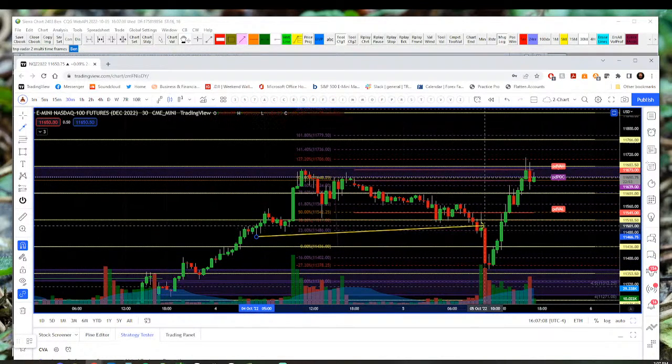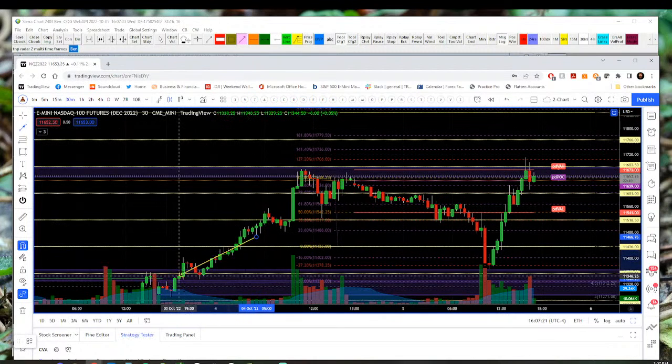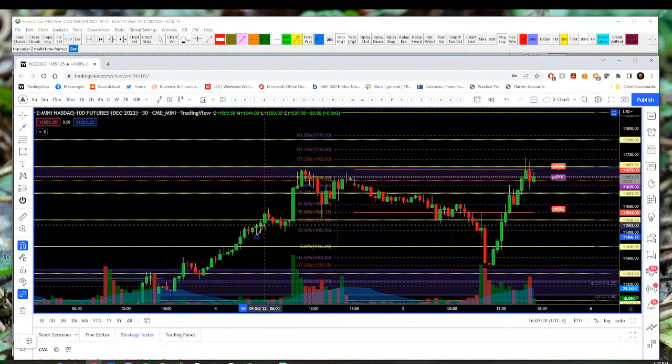I could have bought this. It actually did set up, but it was at the open, and so instead I took a short, and then I got out of it way too early, and it did come all the way back down here. We were looking for longs here, and we knew to avoid longs in this whole area.